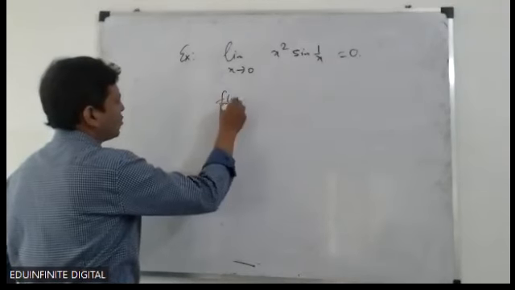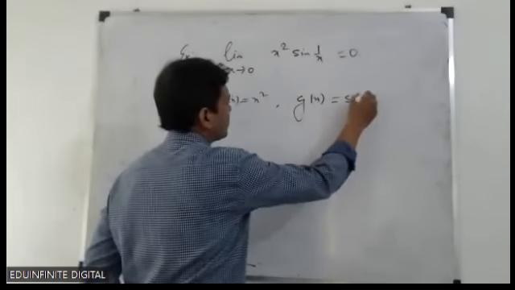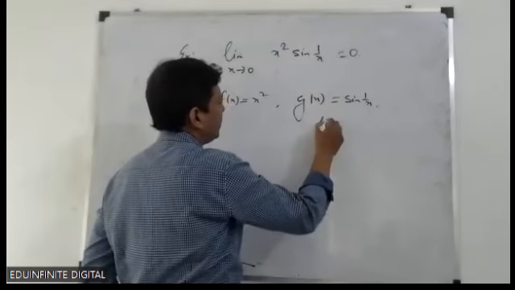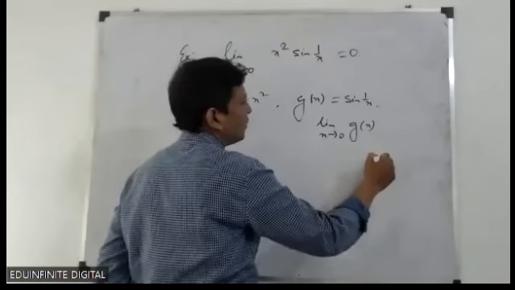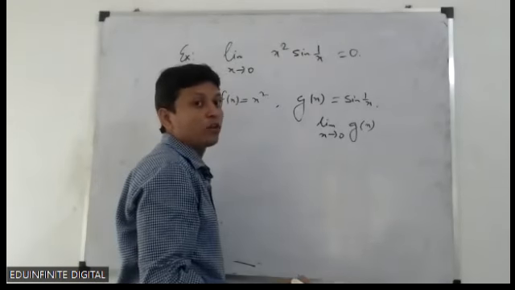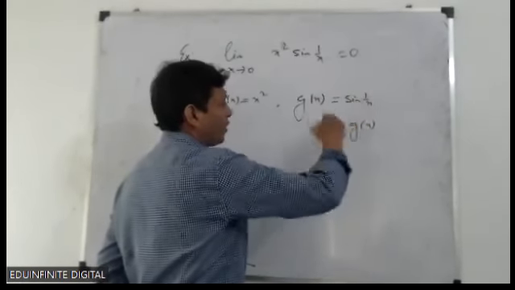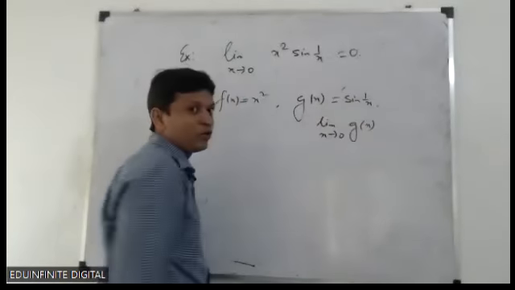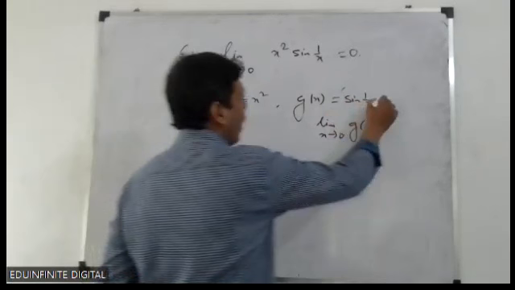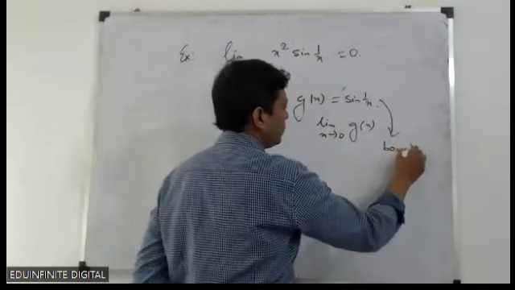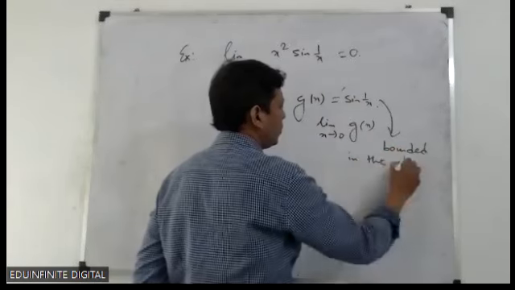Suppose f(x) is x squared and g(x) is sine 1 by x. Look at that: the limit of g(x) as x tends to 0 doesn't exist, but it is a bounded function, bounded in the neighborhood of 0.